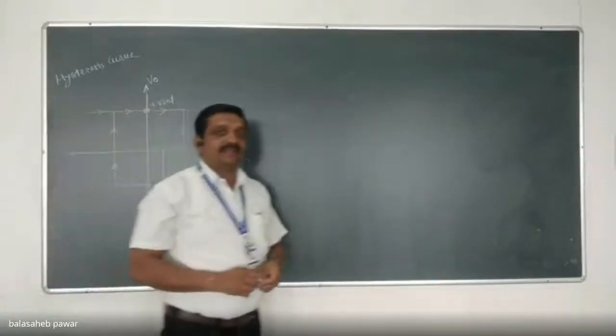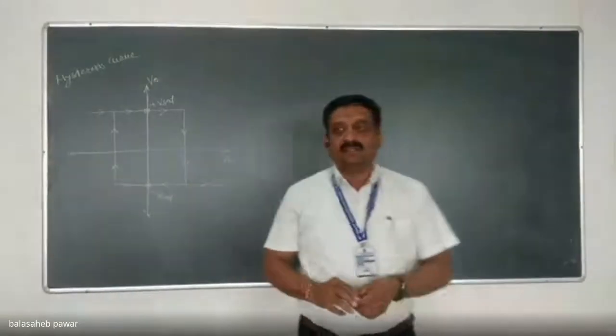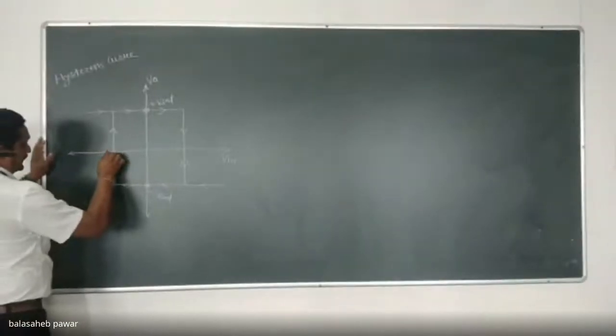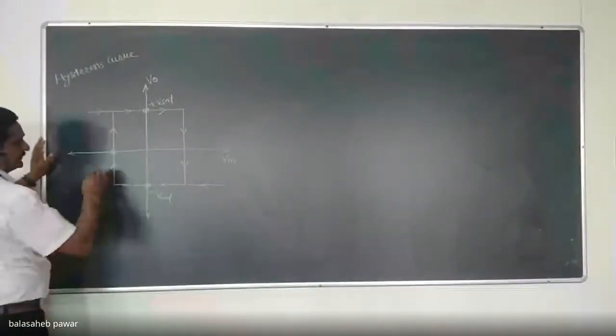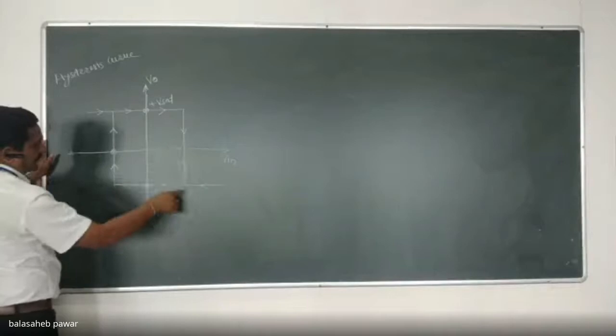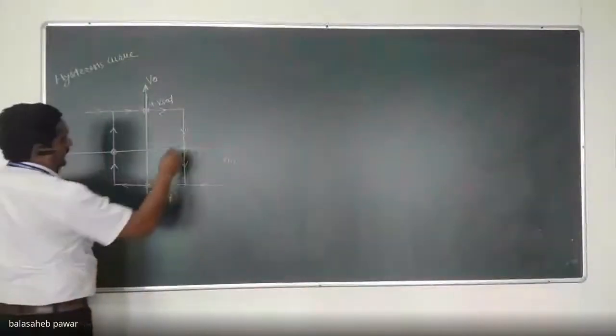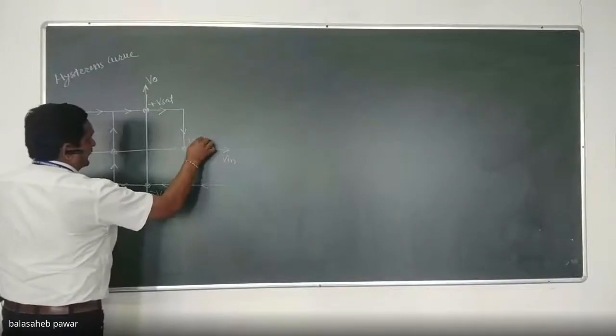The shown one is for the ideal case. So the transition occurs between plus VSAT and minus VSAT. Those respective points are known as VUT and VLT.